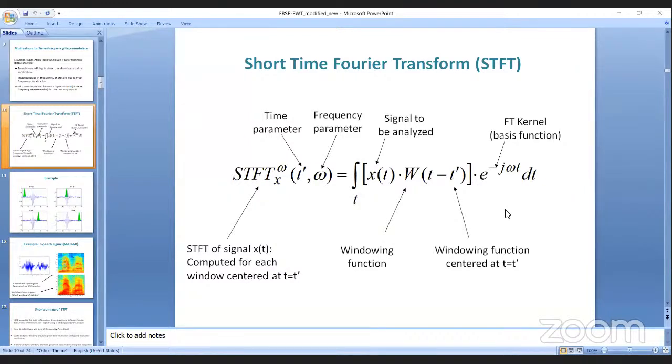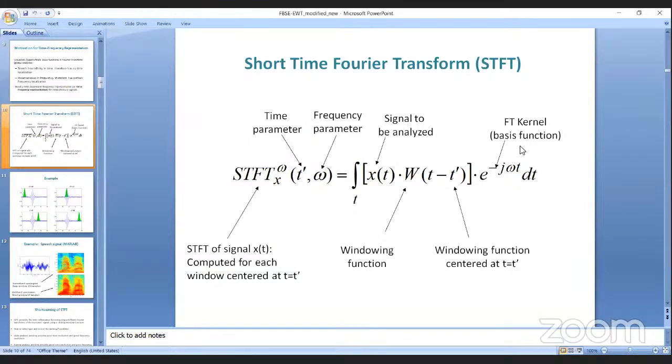The shape of each tile, its height and width, is determined by the window function, and t dash and omega determine its location.